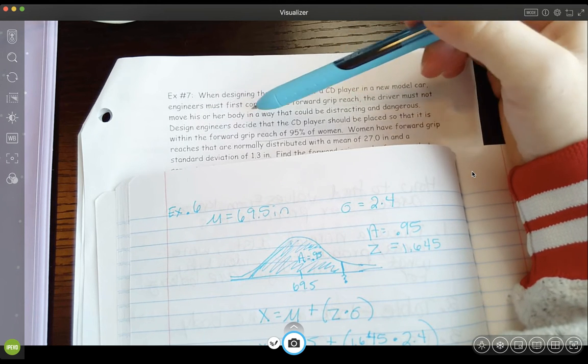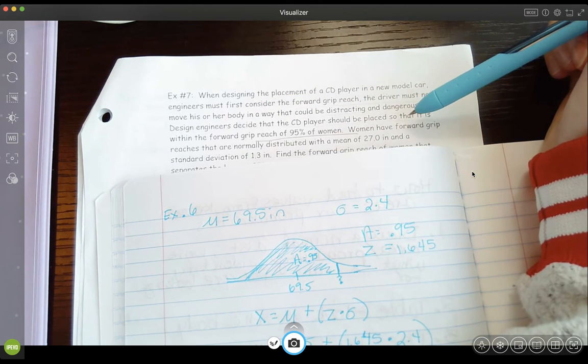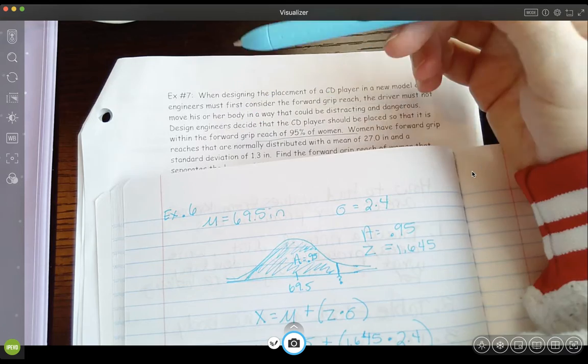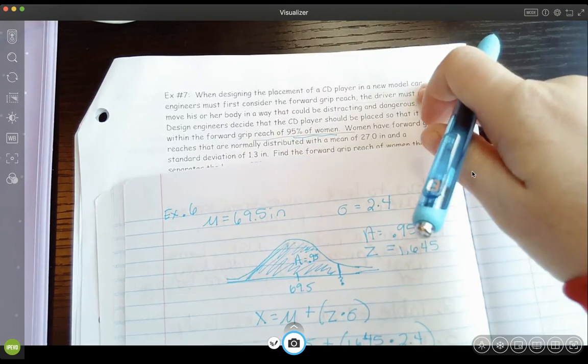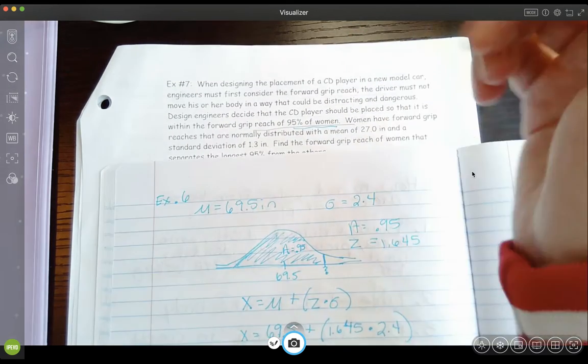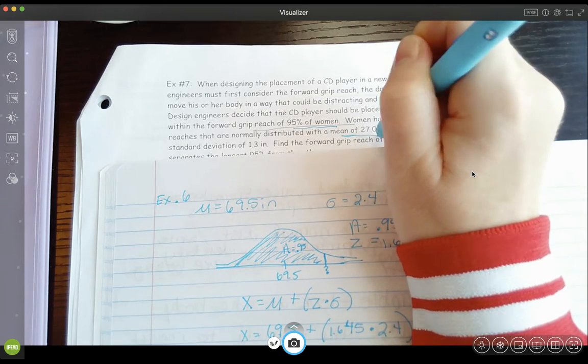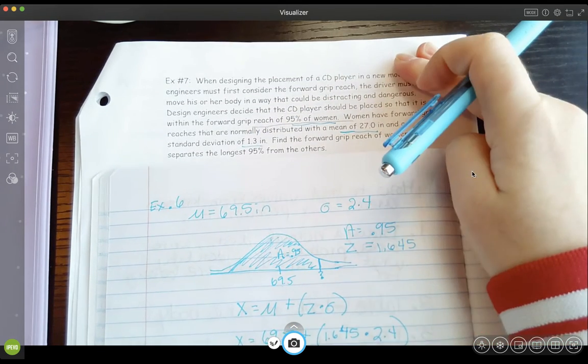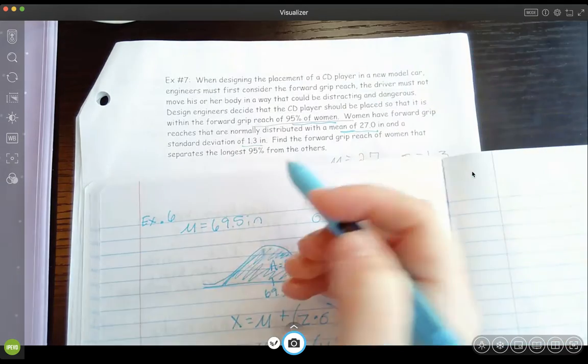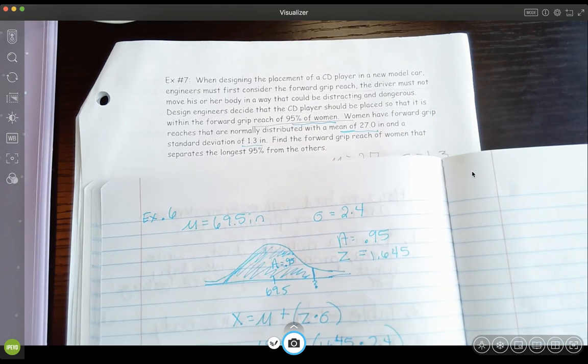Design engineers decided that the CD player should be placed so that it is within the forward grip of 95% of women. Women have a forward grip reach with a mean of 27 inches and standard deviation of 1.3. Find the forward grip reach that separates the longest 95% from the others.